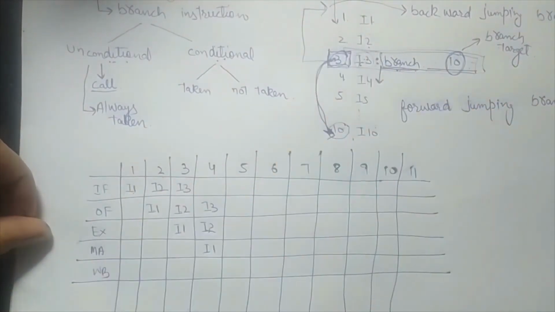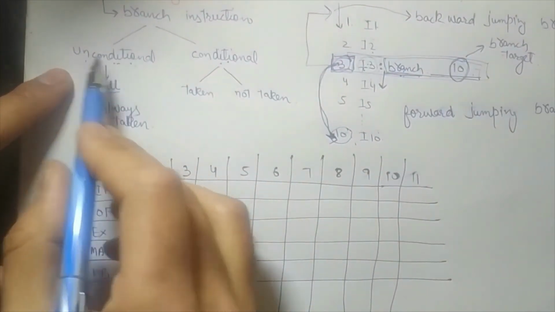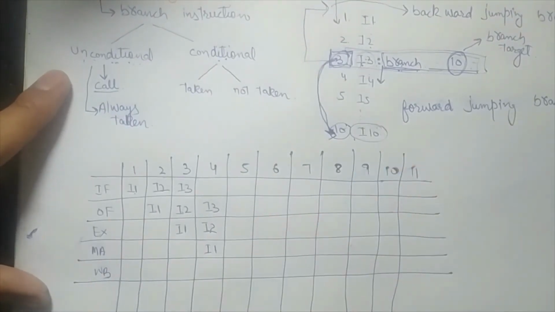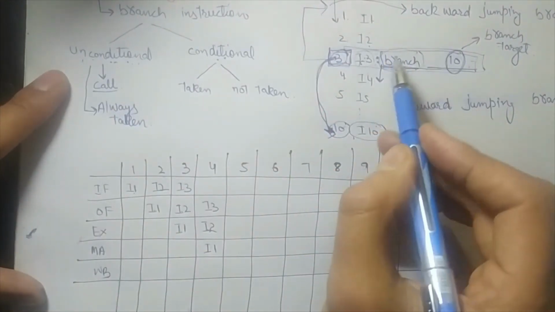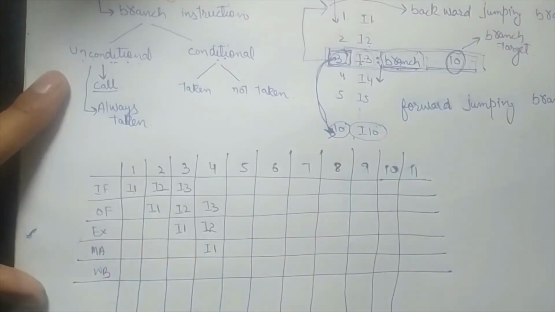So what will be the next instruction that is to be executed? If it is an unconditional branch, then the next instruction will be I10. However, if it is a conditional branch, that means it has to check a condition. And we know a branch checks a condition in the execute stage.